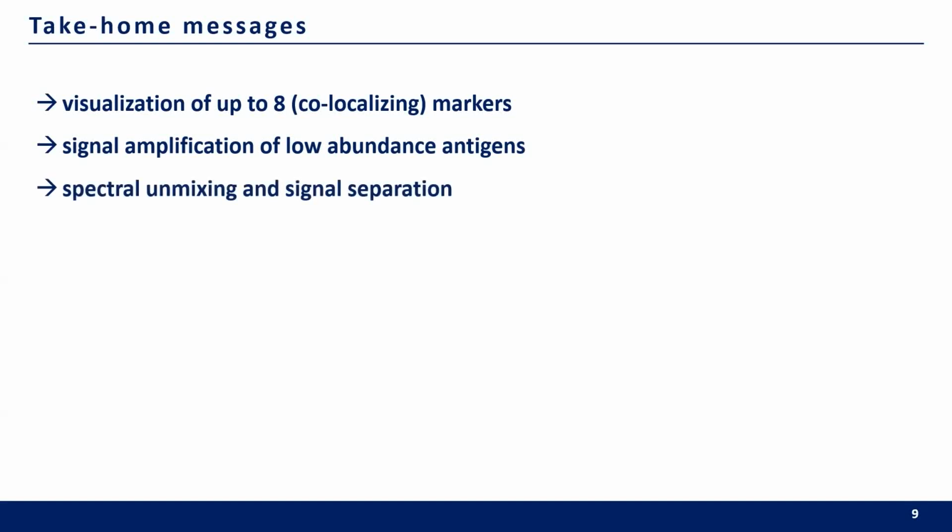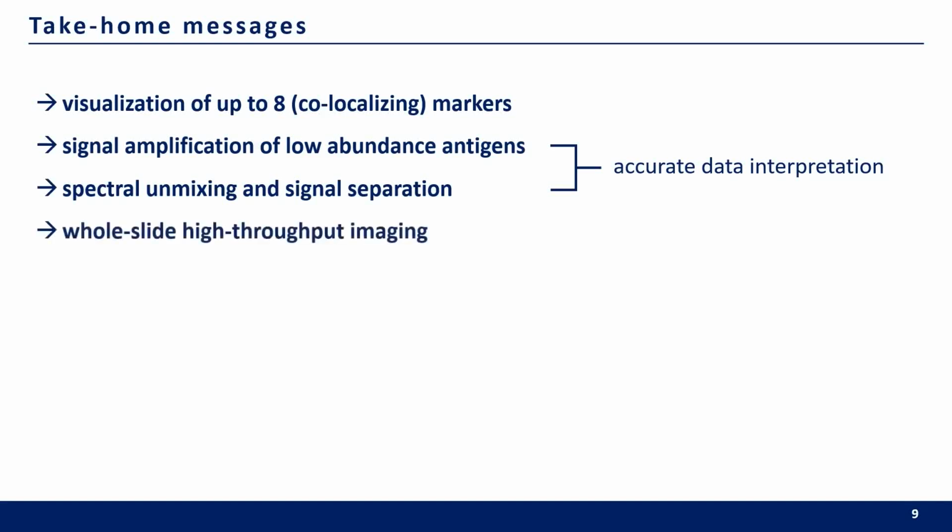Post-acquisition spectral unmixing ensures that individual target signals are differentiated from one another and allows for the subtraction of tissue autofluorescence. These two together reduce the signal-to-noise ratio drastically and lead to more accurate data interpretation.